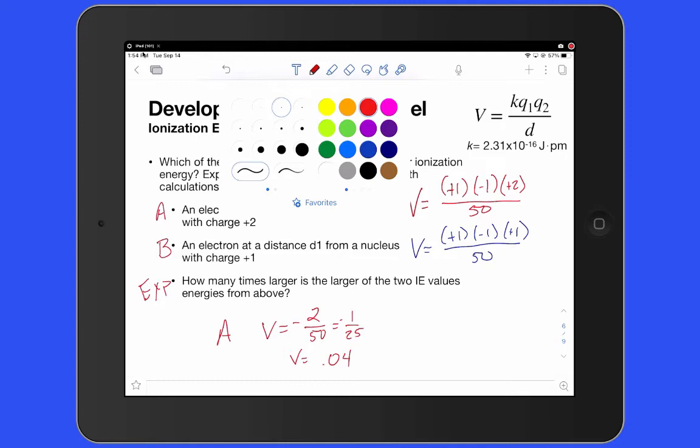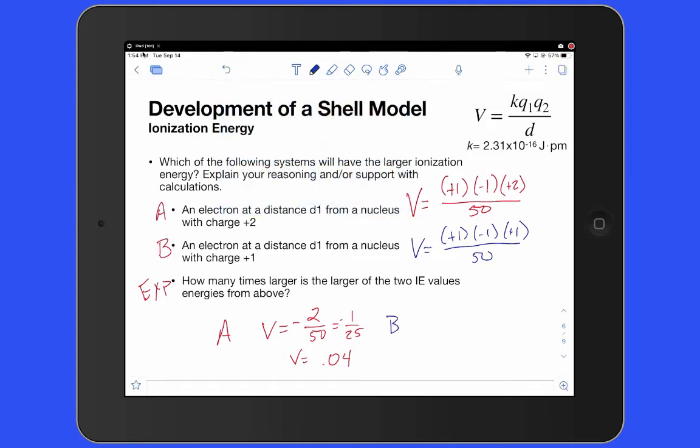B is going to equal what? -1/50. And that's going to give us -0.02, I believe.